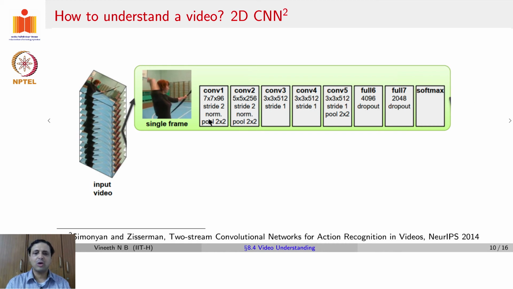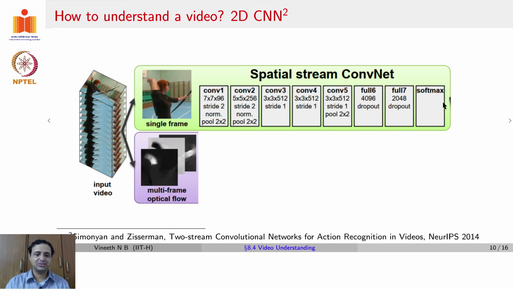So this has a conv1, conv2, conv3, conv4, conv5, fully connected, very similar to an AlexNet architecture to get a final classification at the end. But this is only for a single frame. Now the other stream, this is known as the spatial stream, and the other stream performs a multi-frame optical flow of how the content changes across the frames.